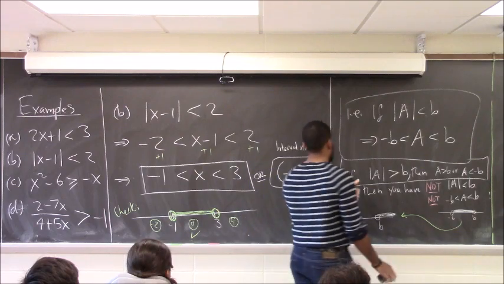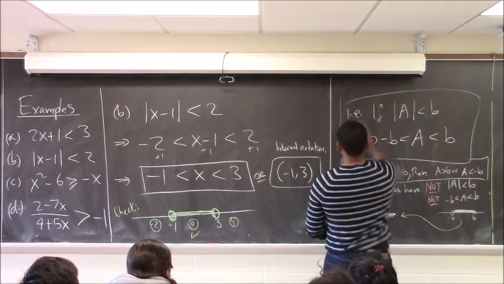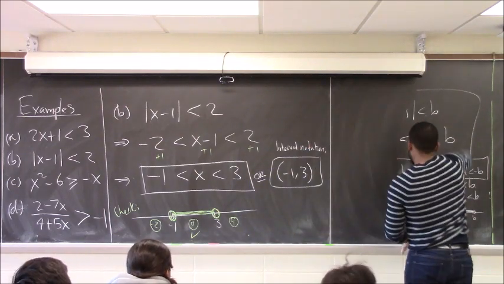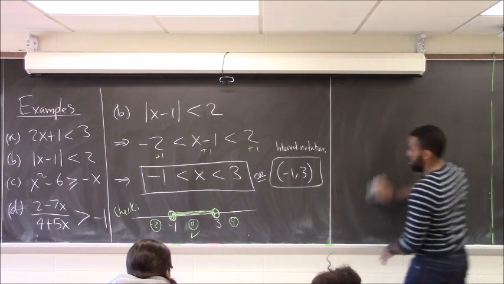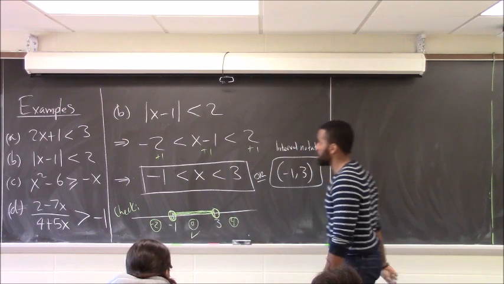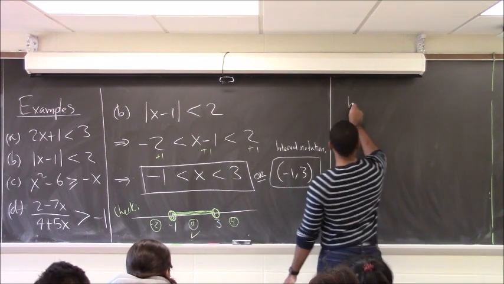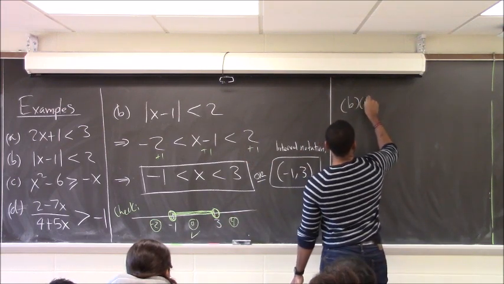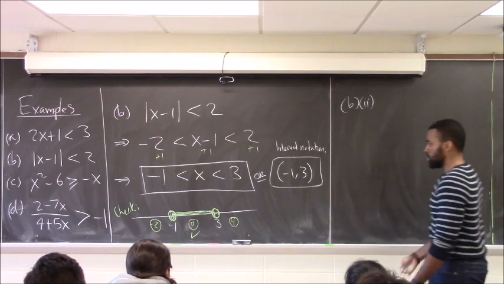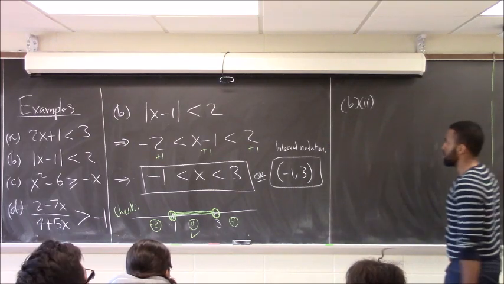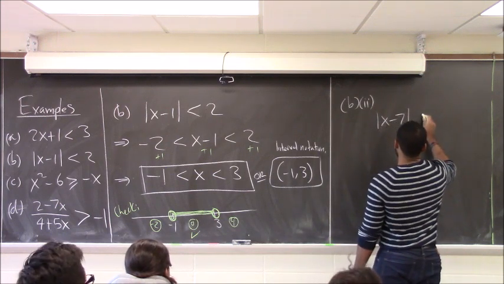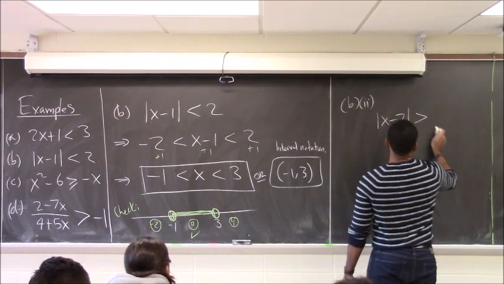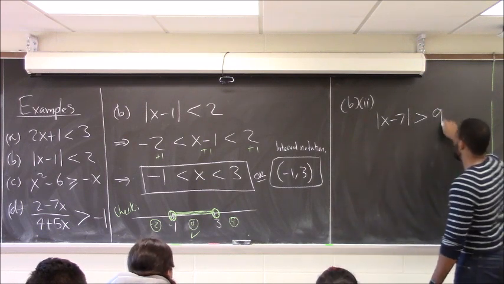So just to give you another extra example here, I'm giving examples within the examples, but it might be useful to you someday. So let's do B2. Let's say I had something like x minus 7 greater than 9.